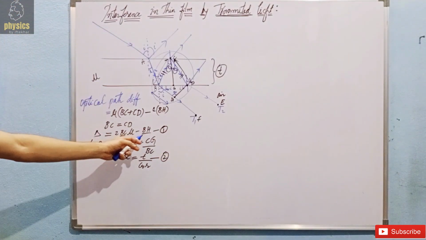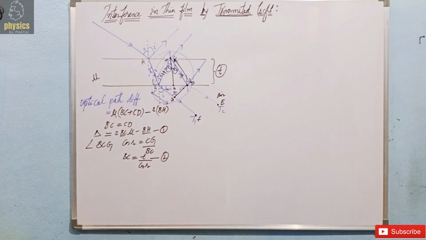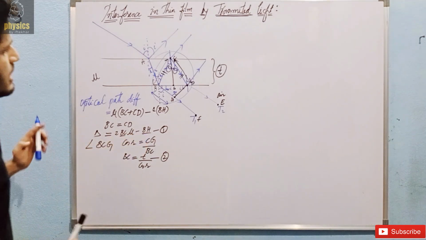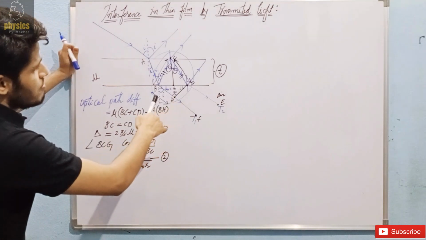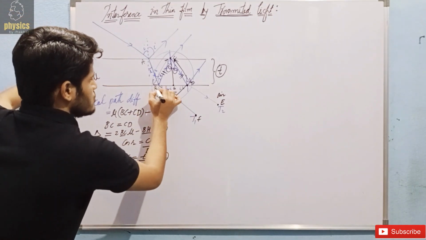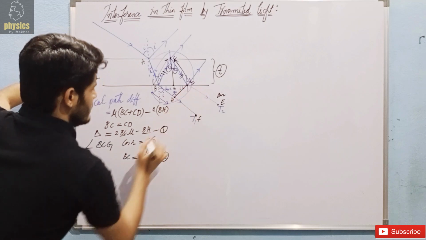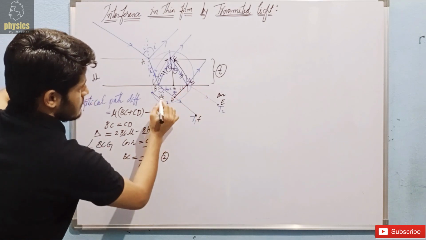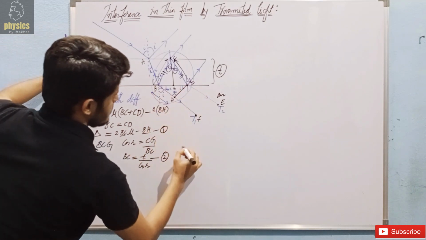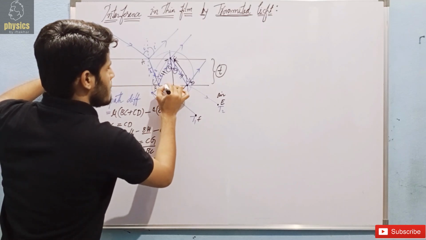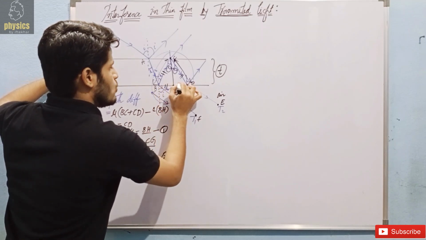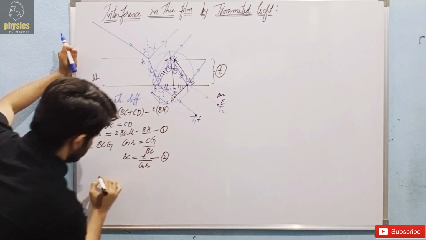Now I have to find out the value of BH. Before that, I want to do some simplification. So you see BD, this length: BG is equal to GD.